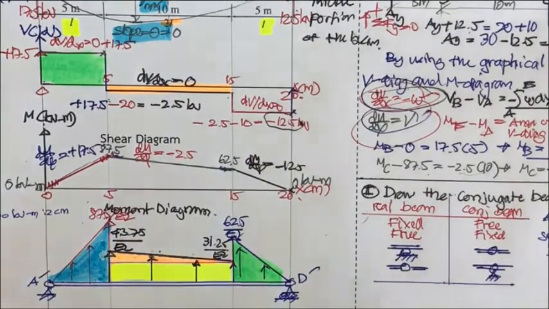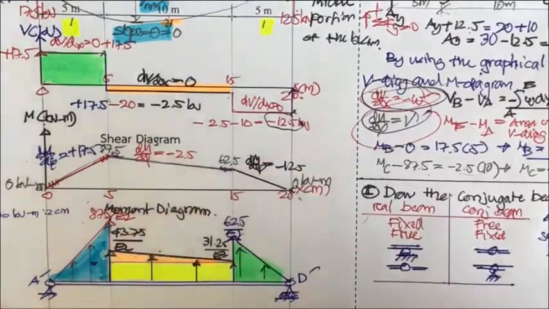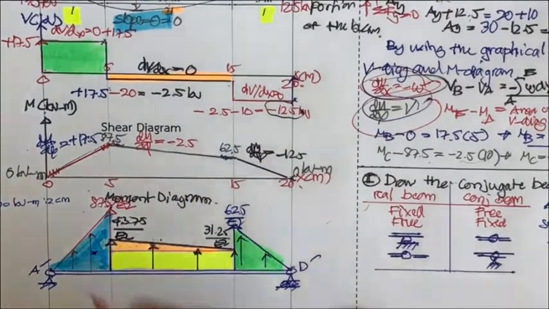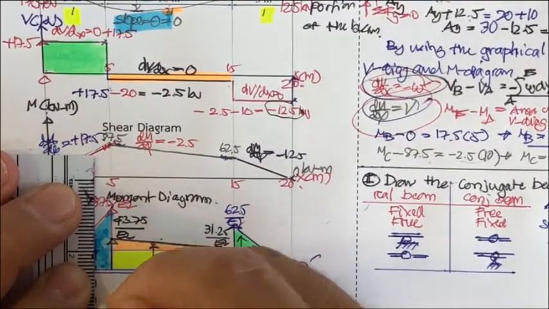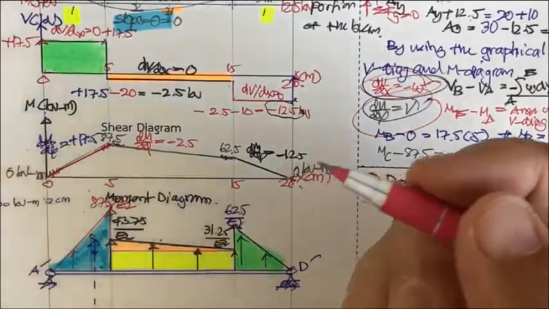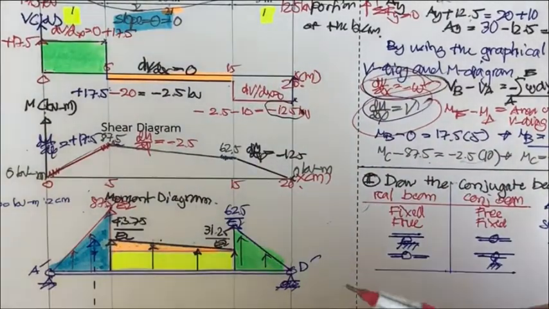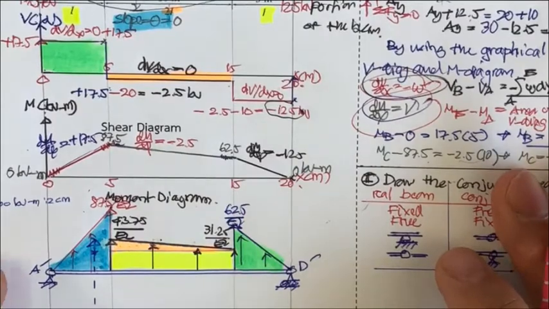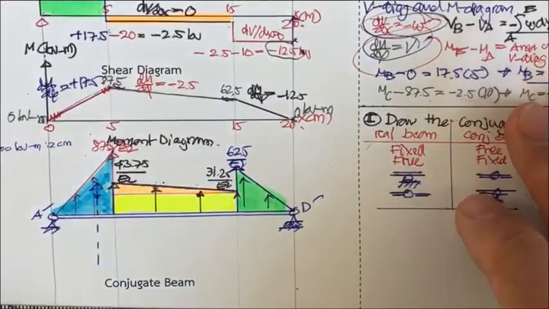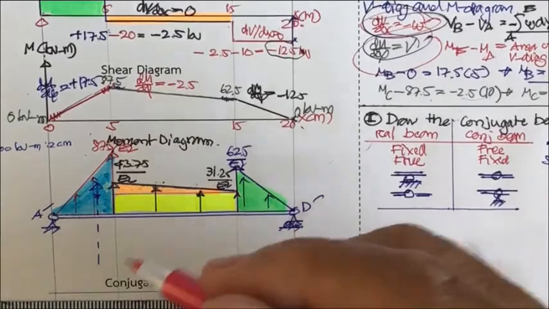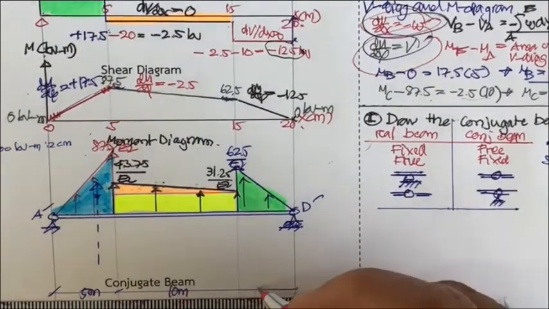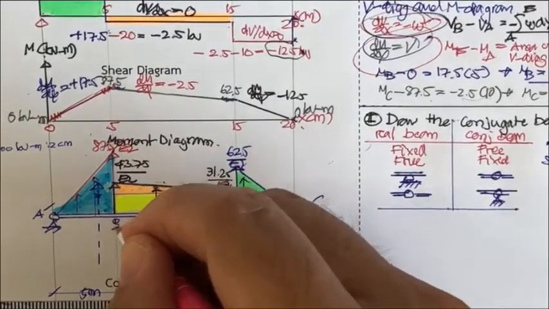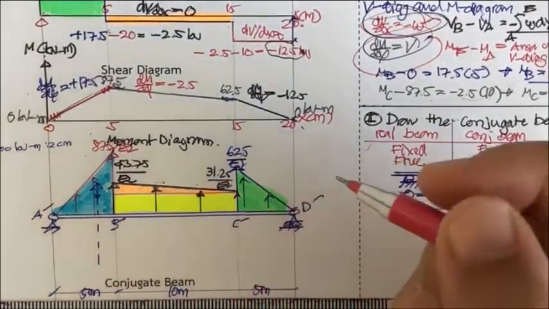Let me start by taking care of this one first. We really know the distances of this conjugate beam: 5 meter, 10 meter, and 5 meter, and this is going to be B point, this is going to be C point.